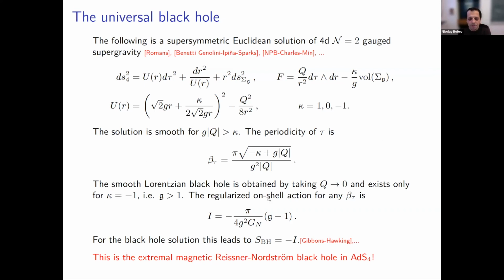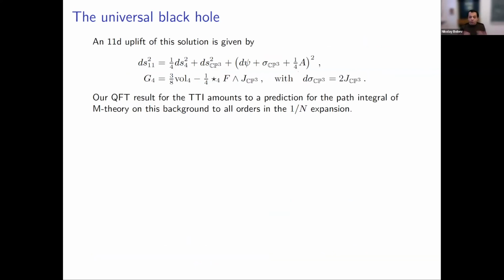Okay, so this is a collection of facts about this simple solution. What is interesting now is that I can take this 4D solution and think of it as a solution of 11-dimensional supergravity. There's a specific way to uplift it to 11 dimensions, and this is how you should do it.